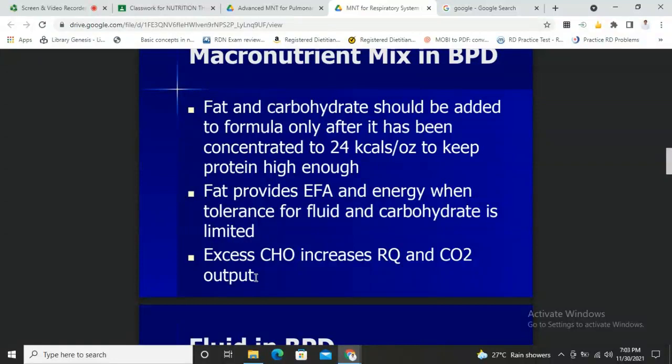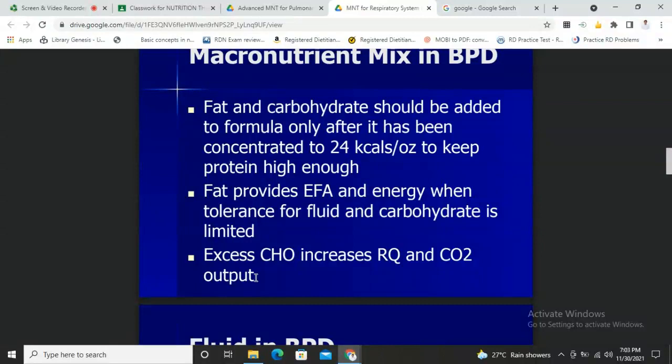Okay, it's very important, no, that carbohydrates is not excessive in order to prevent excess carbon dioxide production. And you know that an increase in carbohydrates would also mean an increased production of carbon dioxide.